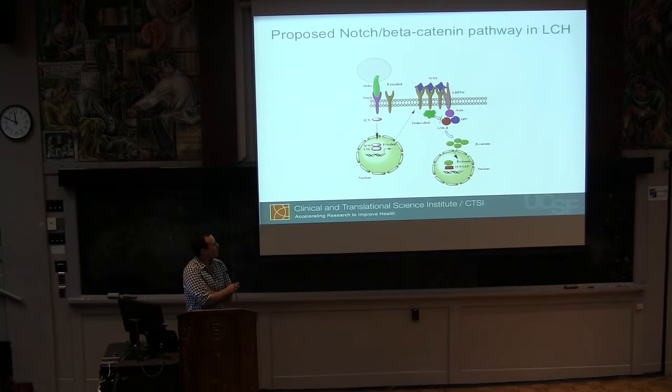And so the best thinking that we have right now is that this Wnt pathway may be acting downstream of the Notch pathway, and maybe, at least I hope, those cells that may not have aberrant Notch signaling may have signaling abnormalities in this pathway to make up for this or to drive pathological phenotypes.